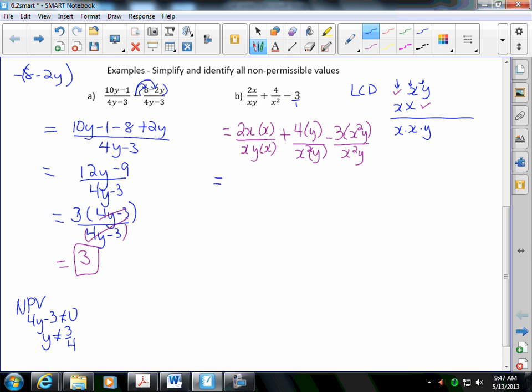So now you multiply through these ones I had to collect. So I have 2x squared plus 4y minus 3x squared y over my common denominator of x squared y. So if I take a look at this one, they're all x squared y, so I can write them all over 1.